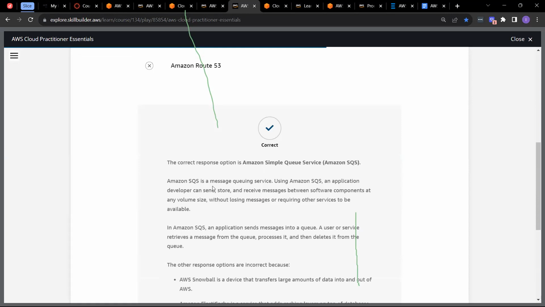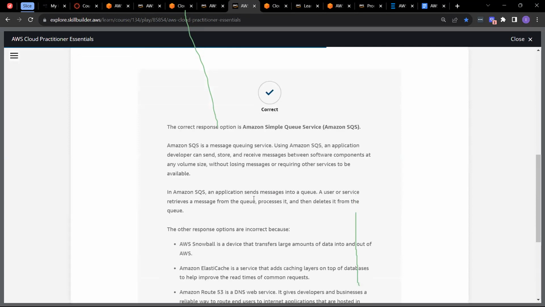So Amazon SQS is a message queuing service. Using Amazon SQS, an application developer can send, store, and receive messages between software components at any volume size without losing messages or requiring other services to be available. In Amazon SQS, an application sends a message into a queue.